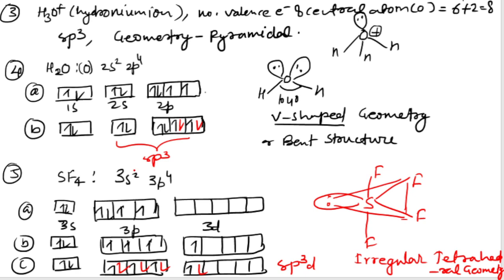Okay, and for SF4 the electronic configuration is this, with sp3d hybridization and irregular tetrahedral geometry.